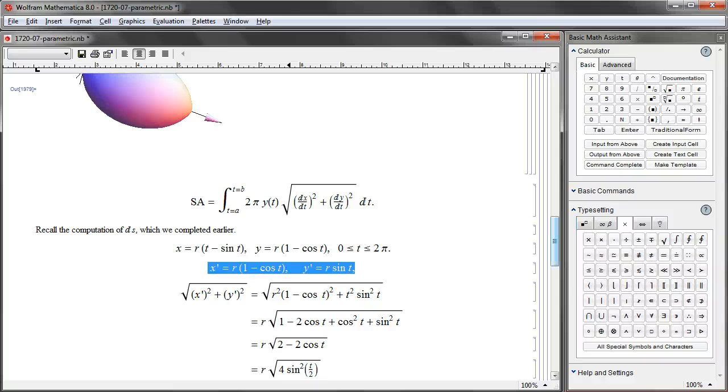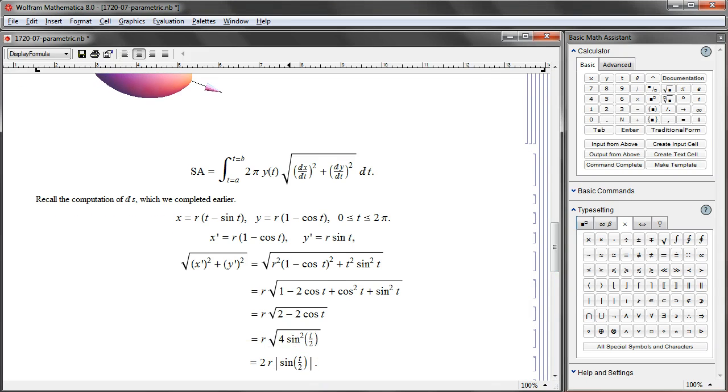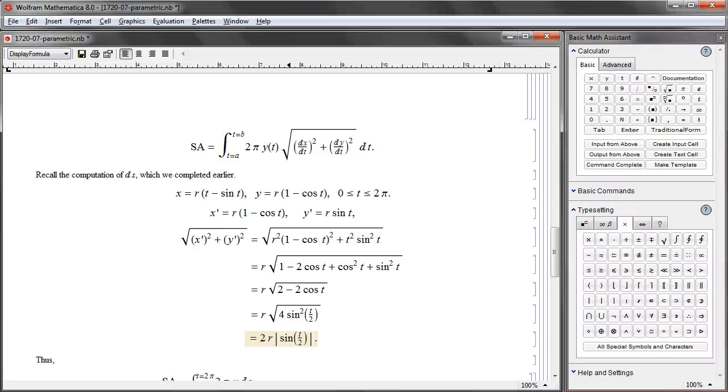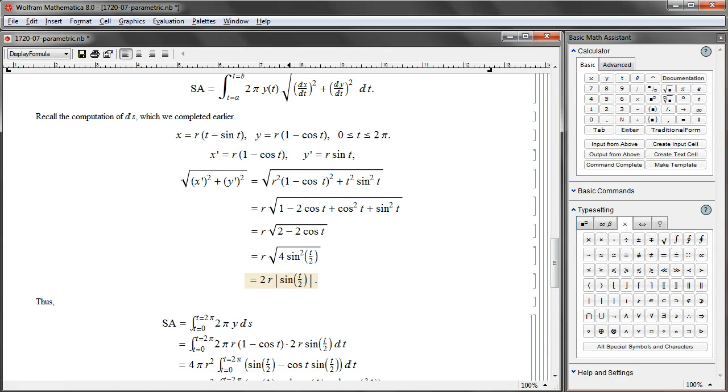And just like we did before, we end up with Pythagorean identity and half angle identity. Consequently, the square root disappears like that. Putting everything back in, we are going to end up with this y times that square root. And then after that, we have this kind of trig integration after foiling it.